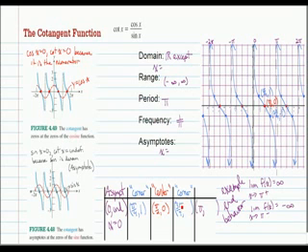This corner, the cotangent of 3 pi over 4, is negative 1, and then the cotangent of pi is again undefined, so we have another asymptote, x equals pi.